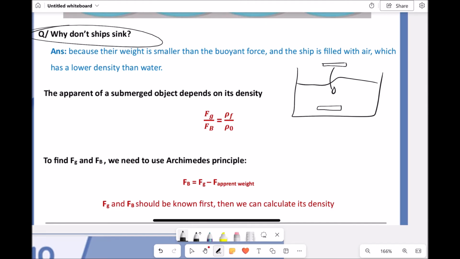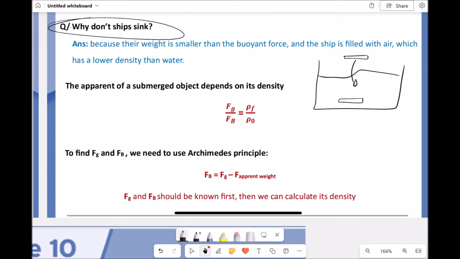But if you fill it with water, it's going to sink, okay? This is the same for ships. Ships don't sink because they displace a great amount of water, raising the magnitude of the buoyant force, and they trap air inside. The design of the ship is created in a way that traps too much air inside it, and that way it's not going to sink.